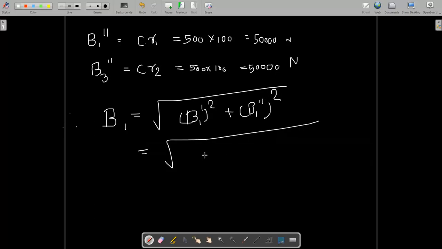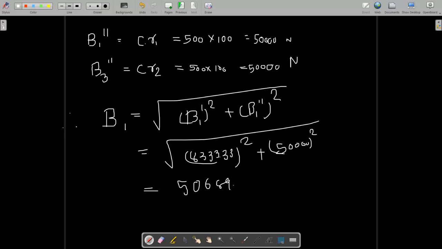So what is the value of B1? 8333.33 whole square plus 50,000 whole square. When you solve this in your calculator, you will find 50,689.6 Newton.